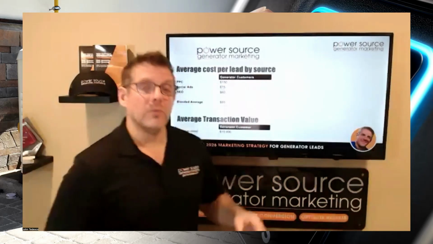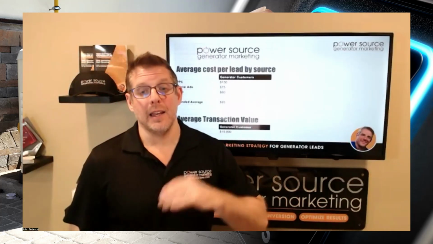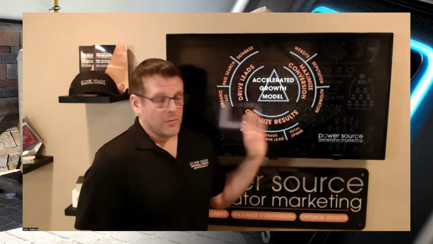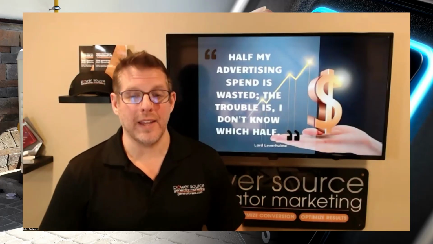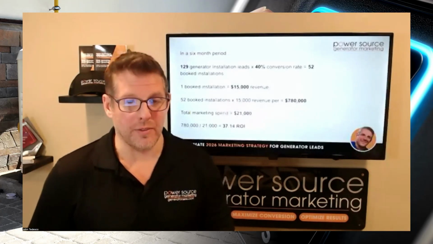So if you need 75 leads per month, you're paying $7,500 for those qualified leads. So easy to do the math once you know the cost per lead and how much money you want to allocate and what your conversion rate is on those leads. Return on your investment. Half my advertising spend is wasted. The trouble is, I don't know which half. So you're going to track all of that.